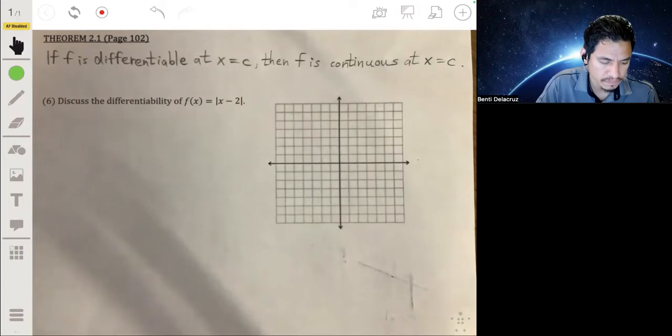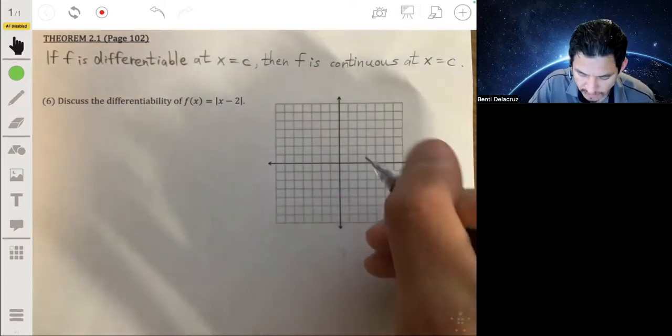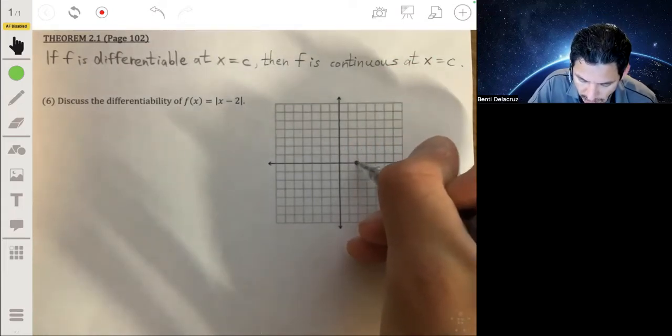So let's first look at the function f of x is equal to the absolute value of x minus 2. As we know, or as we should know, this is an absolute value function that has an x-intercept at (2, 0).